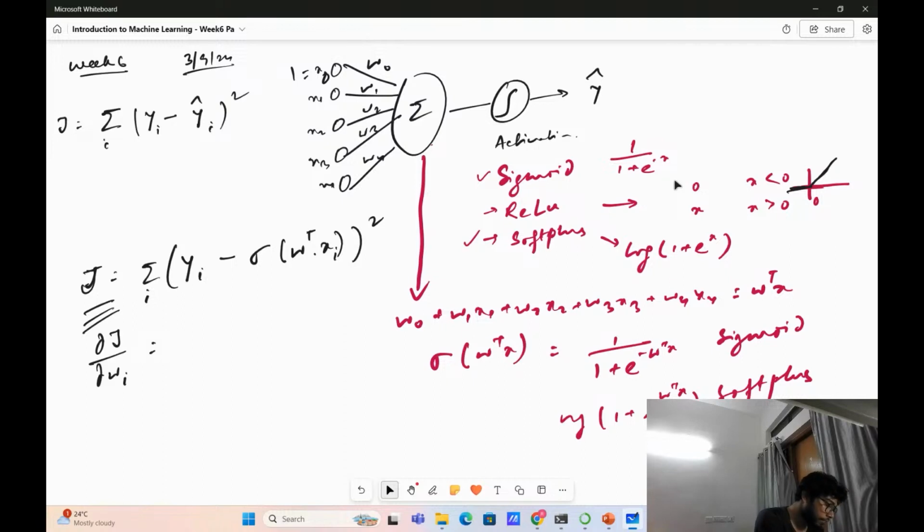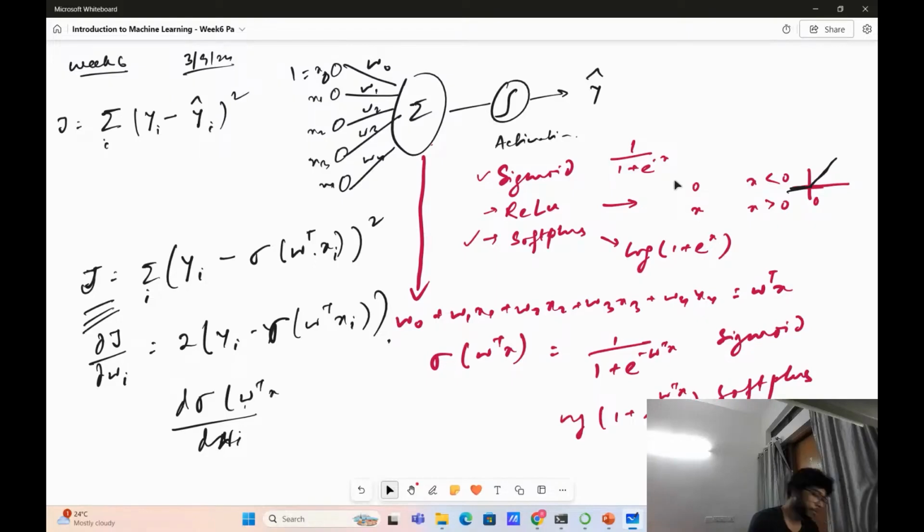Using the chain rule, we'll get twice yi minus sigma of w transpose xi, times d sigma of w transpose xi by dwi. Earlier we have seen how to calculate this derivative.